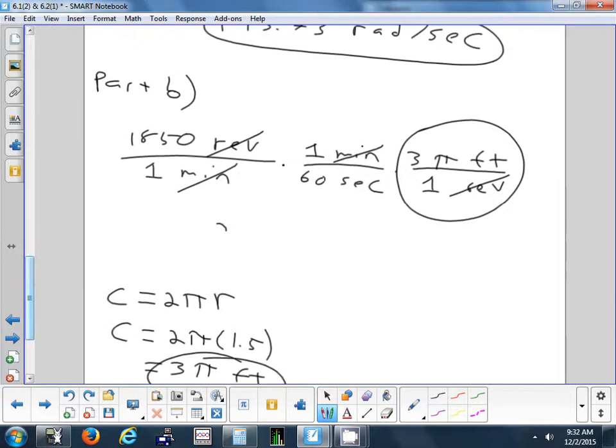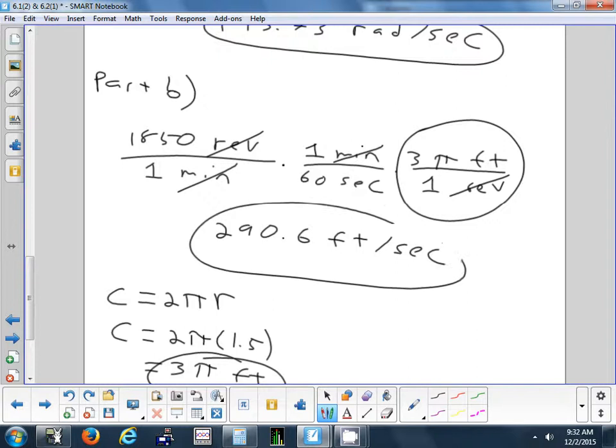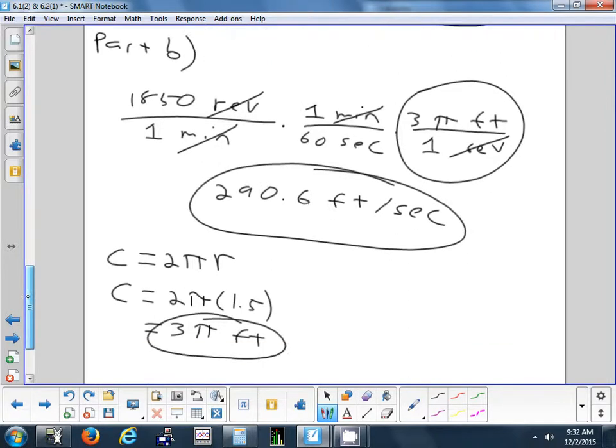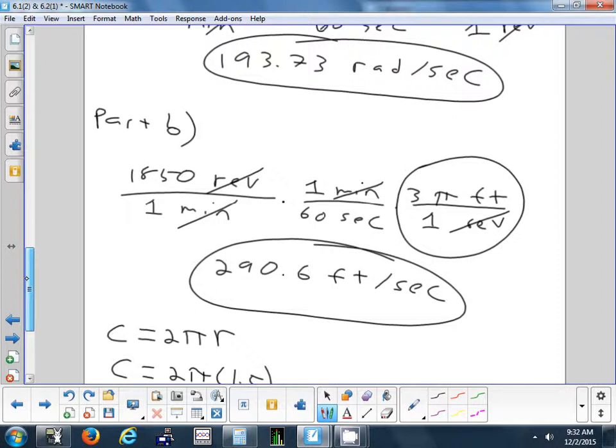It's pretty fast. Okay, any questions on that? All right, so that's our second thing. Probably this is the hardest thing today, just keeping all the units straight.